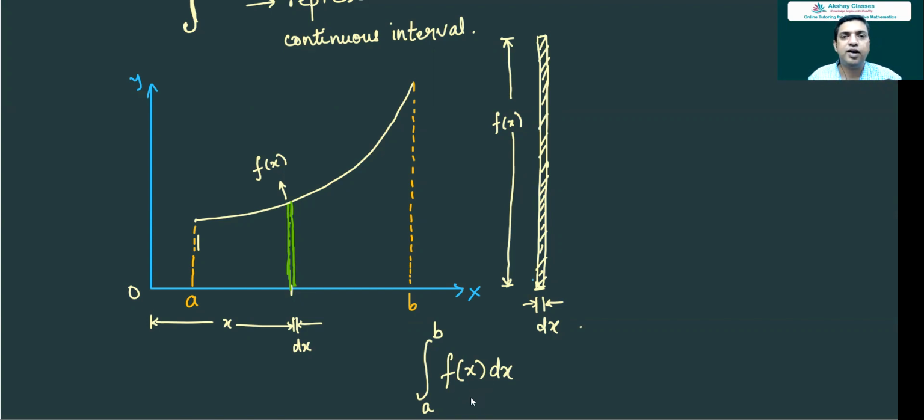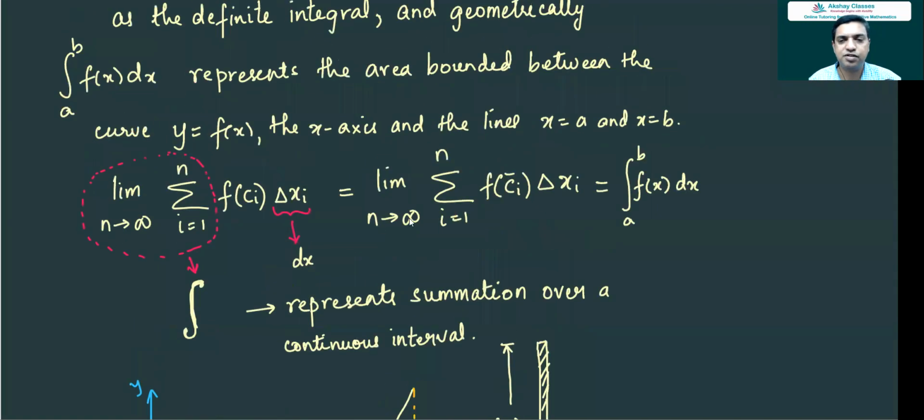Just like we find derivatives from first principles without using the formula, directly finding the derivative by the limit h tending to 0, f of a plus h minus f of a by h. So that gives the derivative at a. That is the derivative by first principles. This is called integrating by first principles.